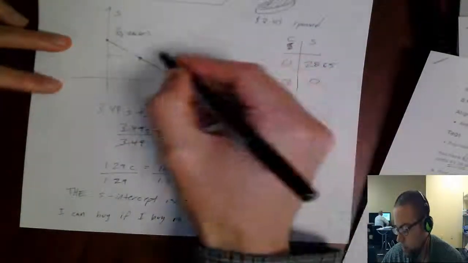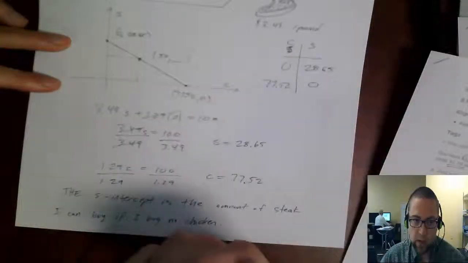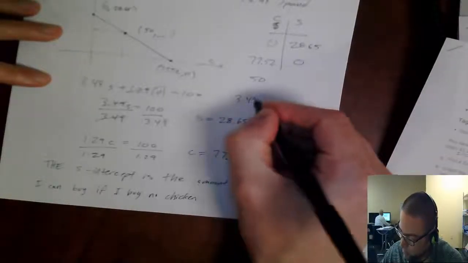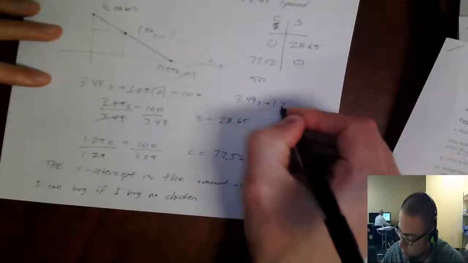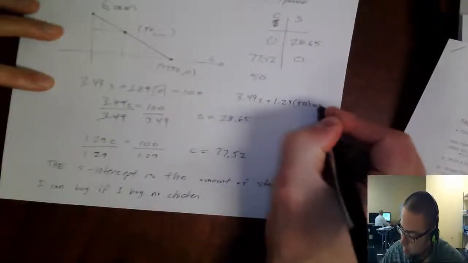So when I put them into the equation, let's say I bought 50 pounds of chicken. Then I could figure out with the equation how much steak I could buy. So I plug 50 into the equation: 3.49S plus 1.29 times the amount of chicken, 50, equals 100.